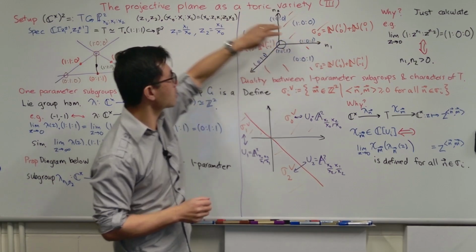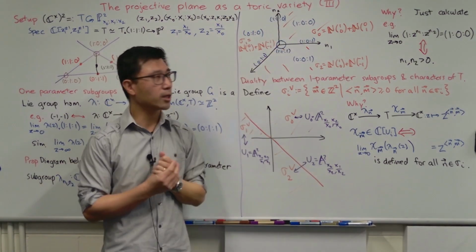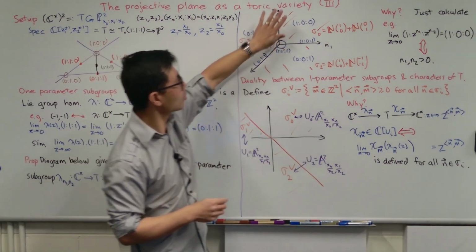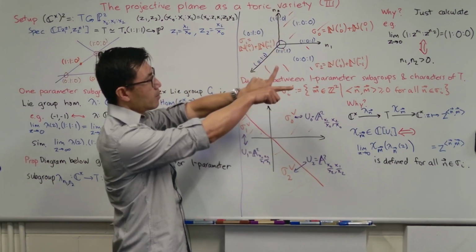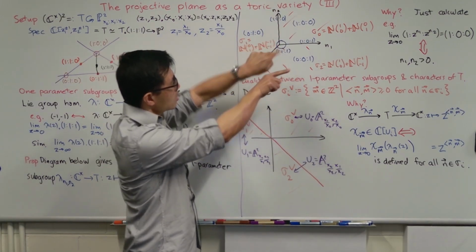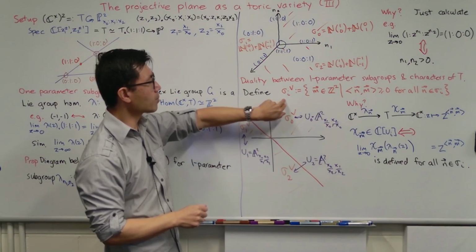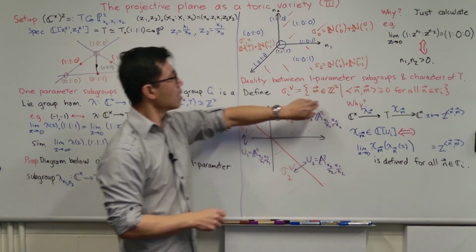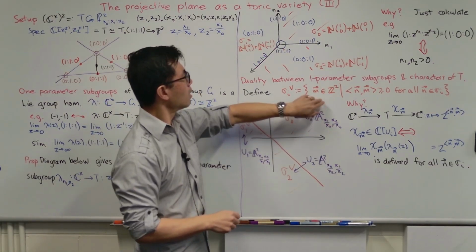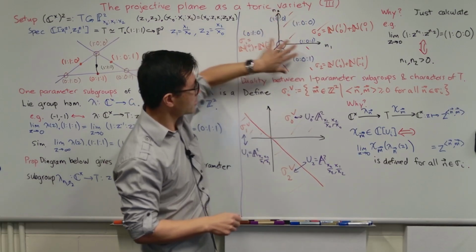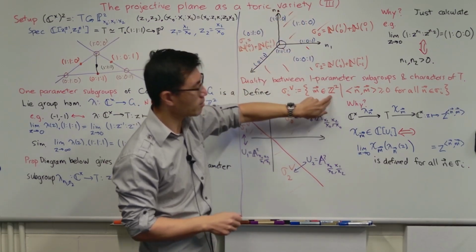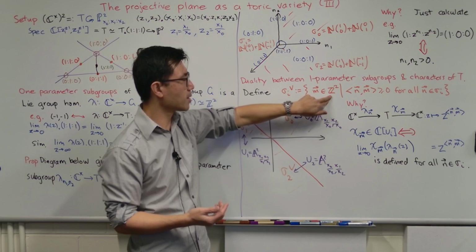So these regions here, sigma 0, sigma 1, sigma 2, are going to be two-dimensional cones, because they're spanned by essentially two vectors like that. And what are the duals? What's sigma i check? All this lives inside Z^2, and then we're going to have a dual copy of Z^2.